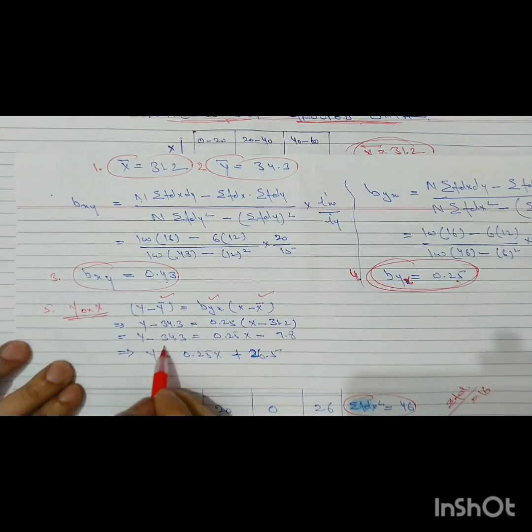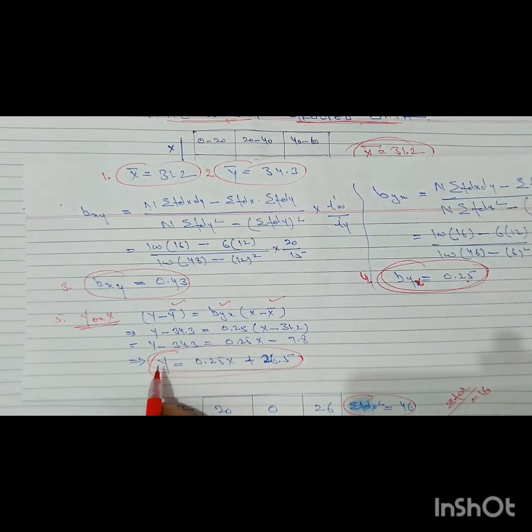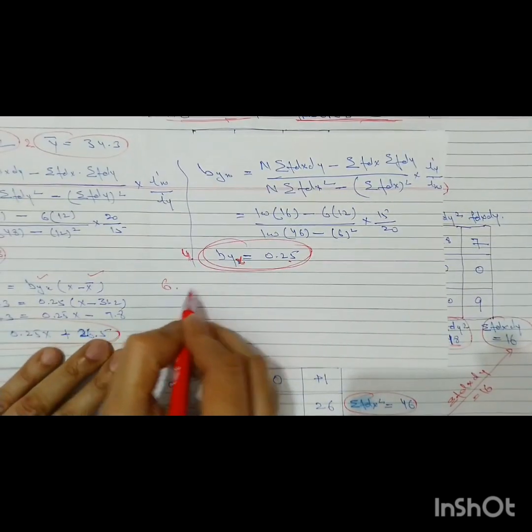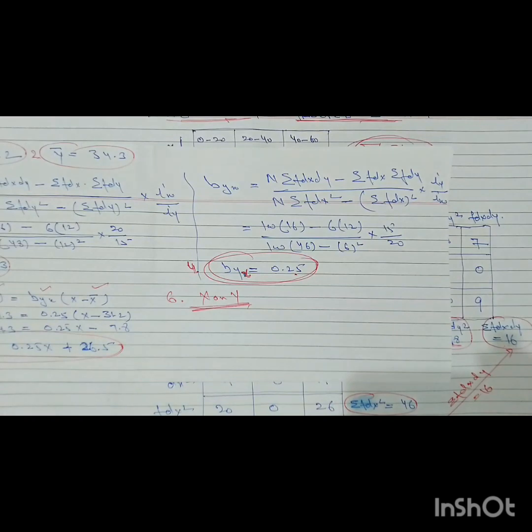This is the regression equation of y on x. Number 5 is the regression equation of y on x. Now calculate number 6, the regression equation of x on y.